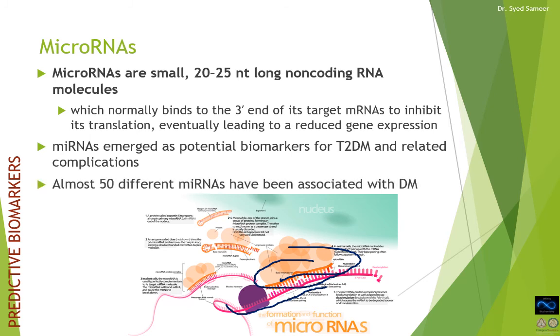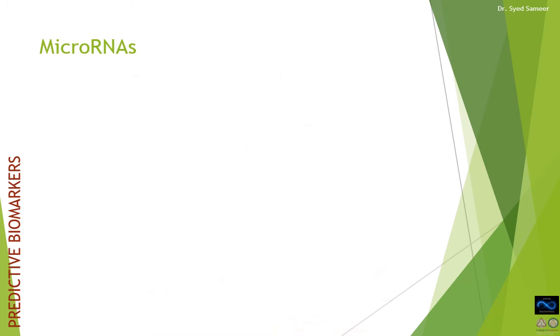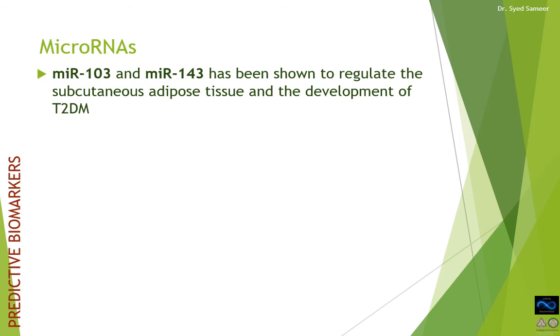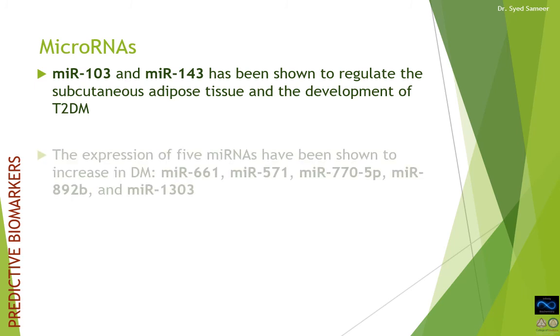Almost 50 different types of microRNAs have been studied and associated with the disease. Out of these 50 well-established microRNAs, some of the important ones seen to be associated with diabetes mellitus are, for example, MIR103 and MIR143, which are shown to regulate subcutaneous adipose tissue and the development of T2DM and can be utilized as predictive biomarkers.